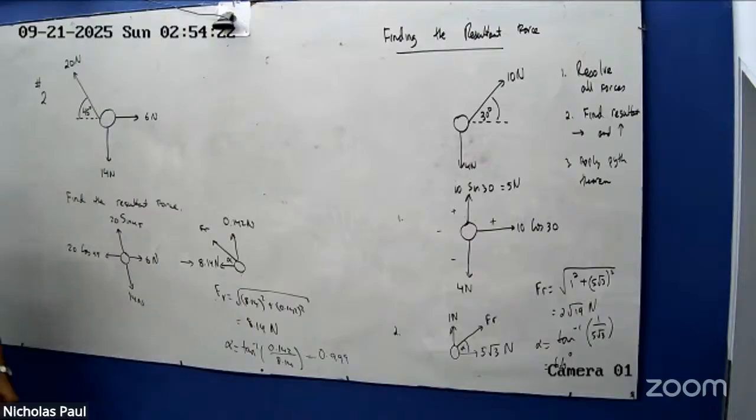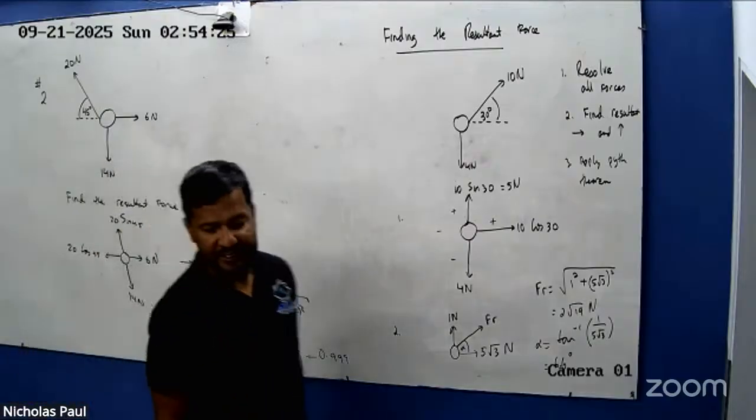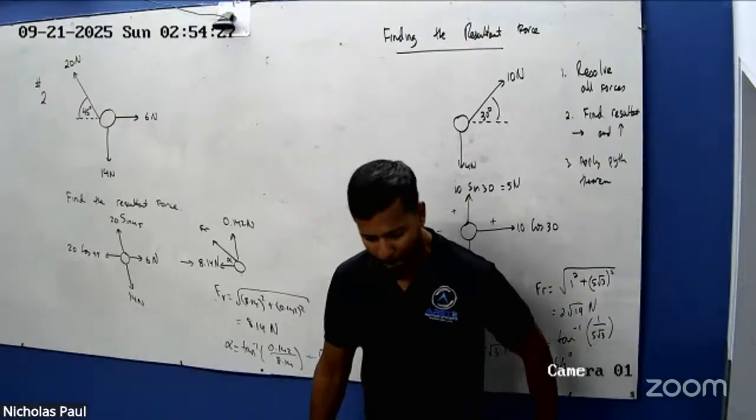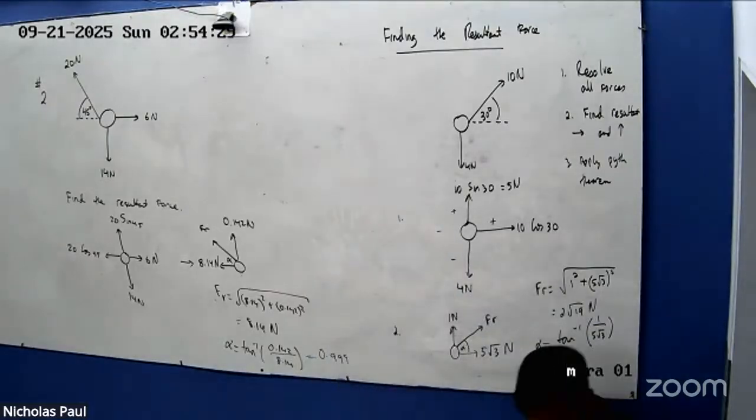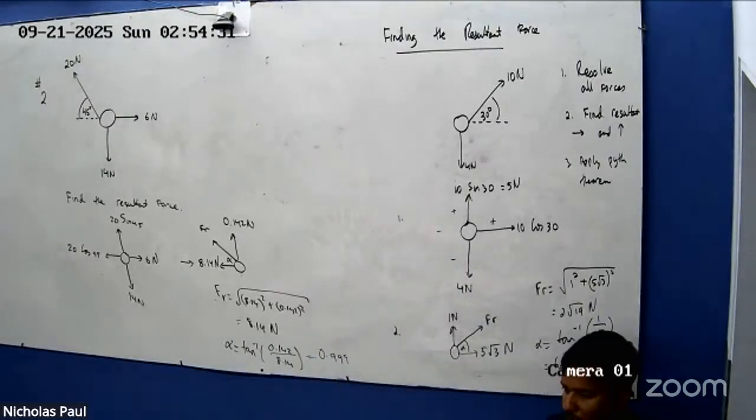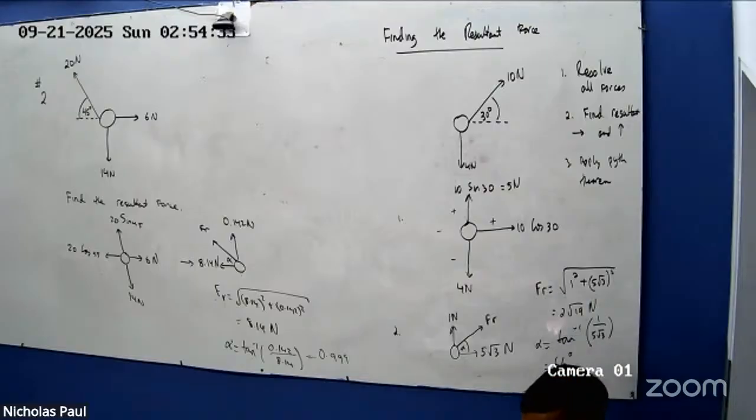Okay? So write this down. A system is said to be in equilibrium if its resultant is zero.